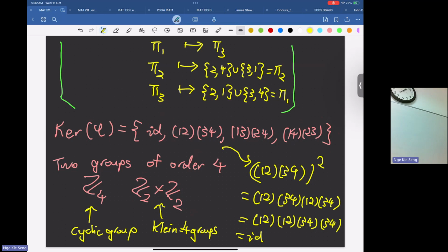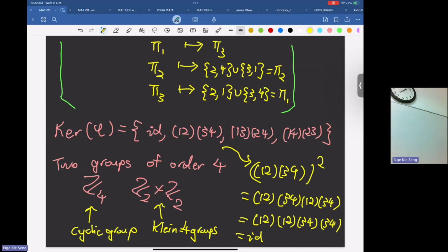Maybe you heard about the Klein bottle before. There's a relation between this Klein 4 group and the Klein bottle. If you go to algebraic topology, you'll come across a group called the fundamental group. This is a group built up by loops on the manifold.